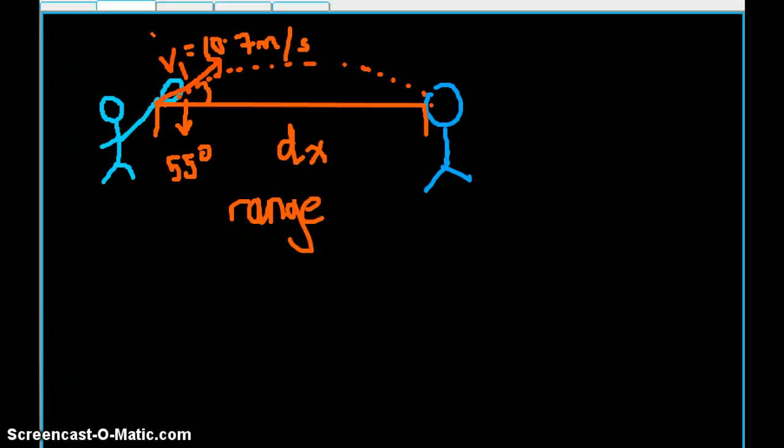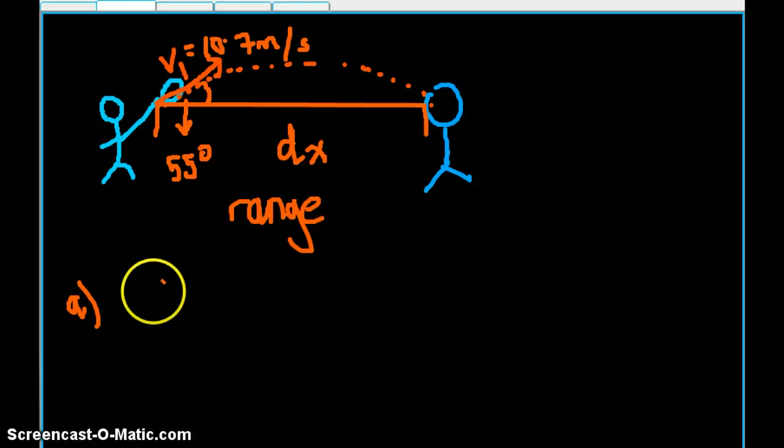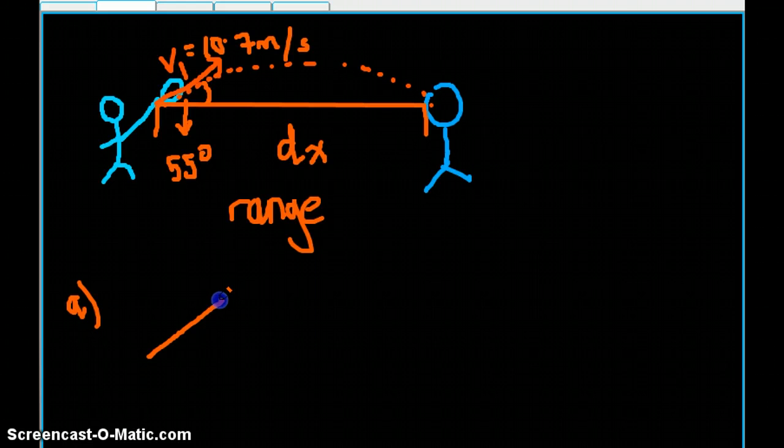Which brings me to the beginning of this question, I guess you could say. So let's work with A. We can break up the velocity into its x and y components, super easy. If you watched my 2D vector addition problems, you know how to break these components up. All you do is draw your velocity, which is v1. In this case, it's 10.7. At this point, I'm not writing the units down because it'll just make my diagram super ugly.